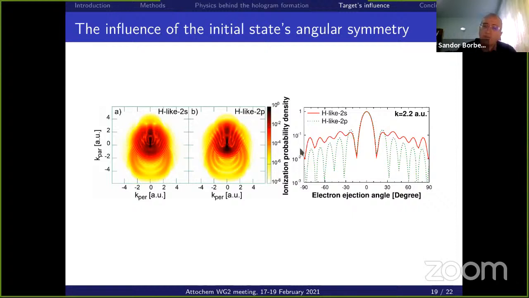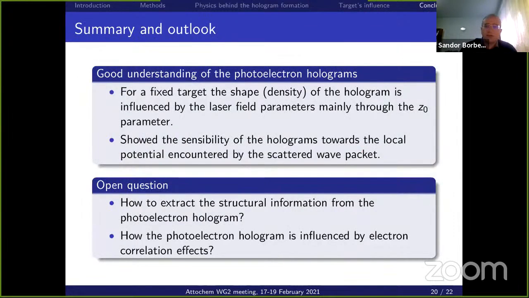So from this, we can conclude that this interference pattern, namely the location of the interference minima, is not influenced strongly by the initial state's angular symmetry.